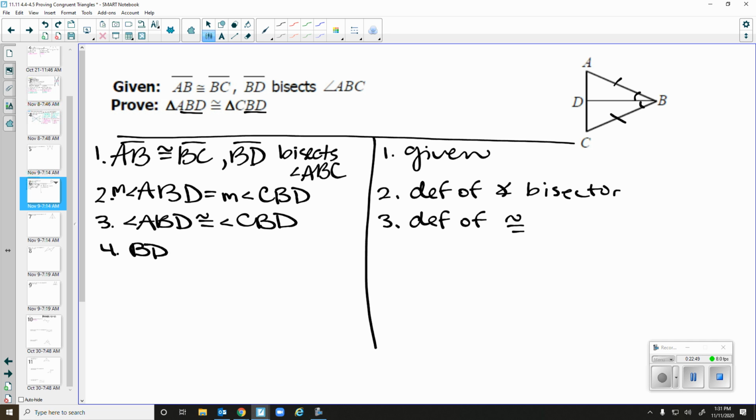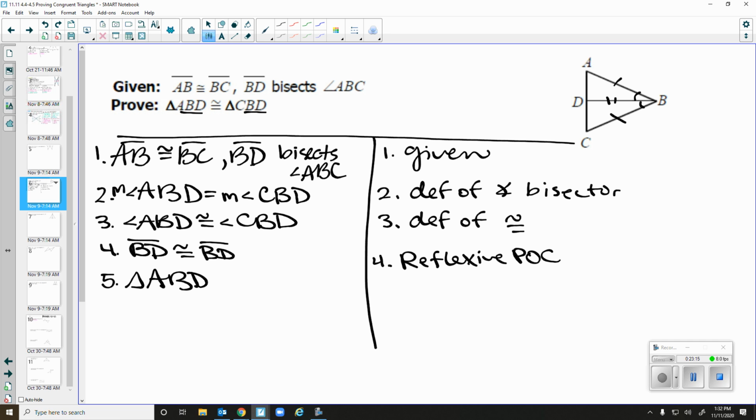So segment BD is congruent to BD by our reflexive property of congruence. And then we use both sides. Side, angle, side. So we're done. Triangle ABD is congruent to triangle CBD by side, angle, side.